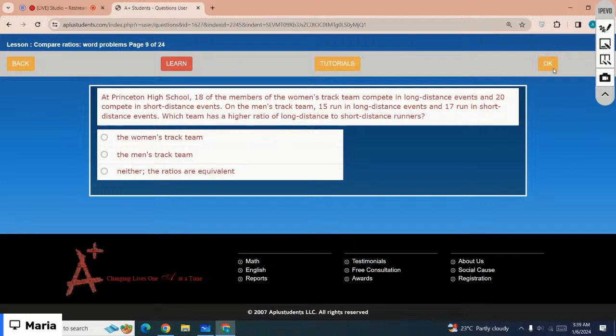Which team has a higher ratio of long distance to short distance? The correct option is option number 1. The women's track team has the higher ratio. Got it?